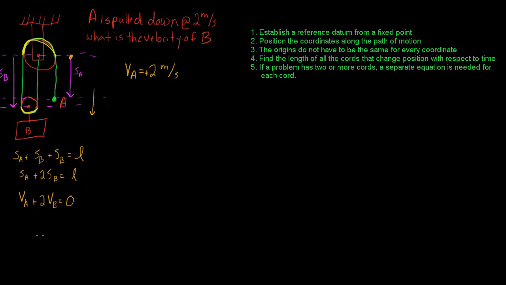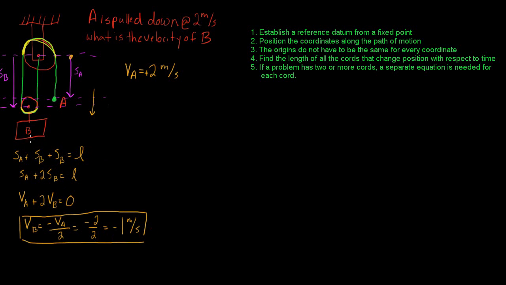So if we solve for VB, we get VB is equal to minus VA over 2, and if we plug in VA, 2 meters per second, we get minus 2 over 2, or minus 1 meter per second. So the velocity of B is minus 1 meter per second.